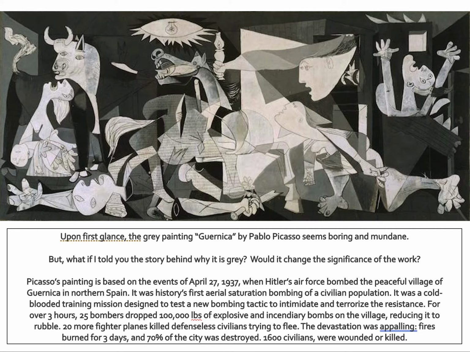And they completely reduced it to rubble. And so they shot the civilians that managed to escape and try to run away. It was absolutely devastating. The fires burned for 3 days. 70% of the city was destroyed. 1,600 civilians were wounded or killed. Yeah. So it's not boring and mundane anymore, is it?